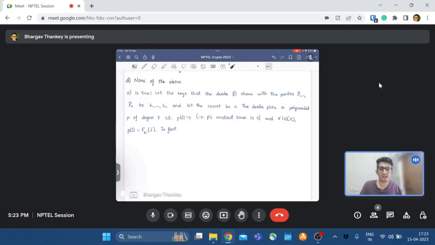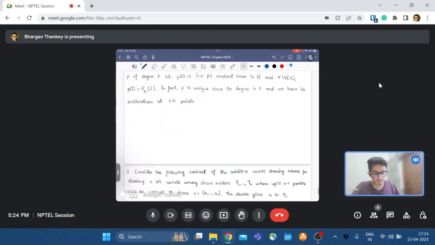So we have fixed its value at t plus 1 points. So in fact, p is unique since its degree is t and we have its evaluations at t plus 1 points. Okay, so this is how it picks a polynomial p.